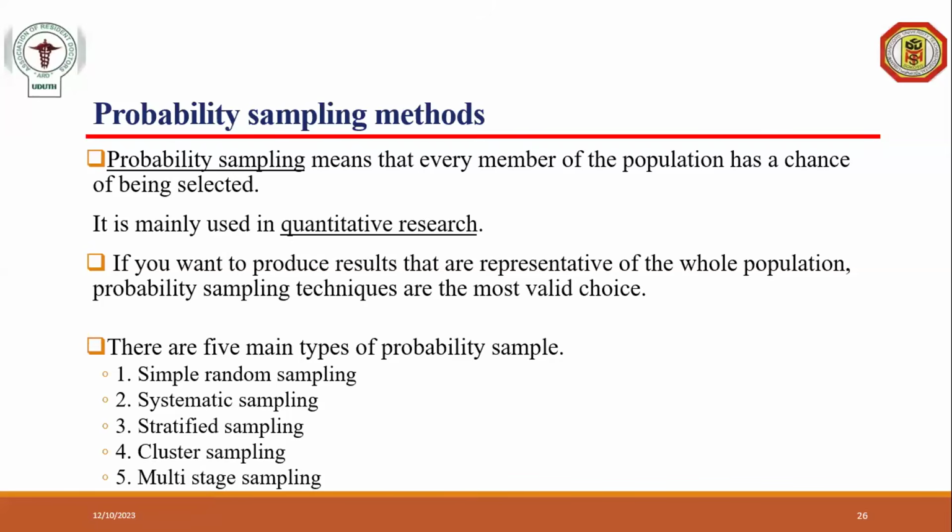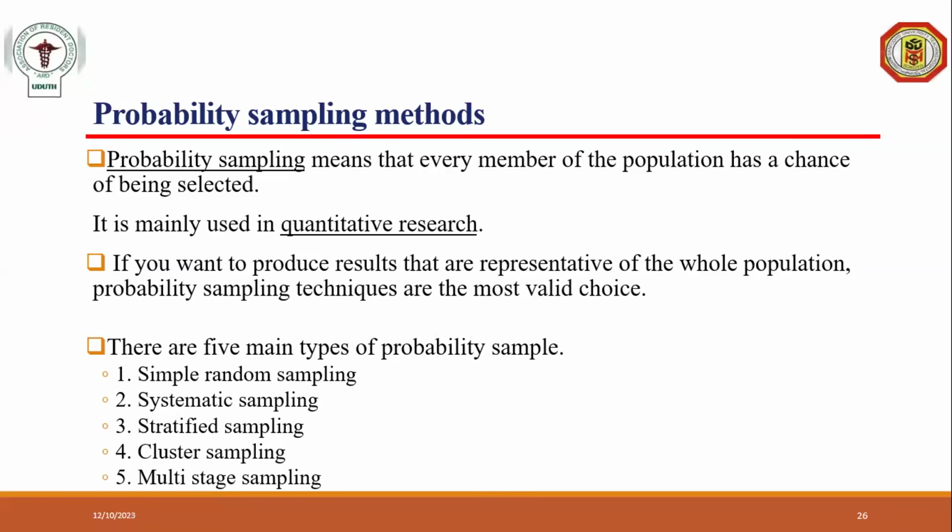But the research that we usually do in this part 2 work and other works here is usually quantitative research. Some of us combine the two, quantitative and qualitative, but mostly quantitative.